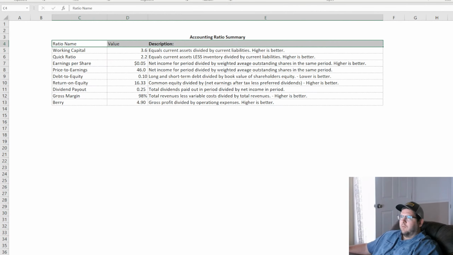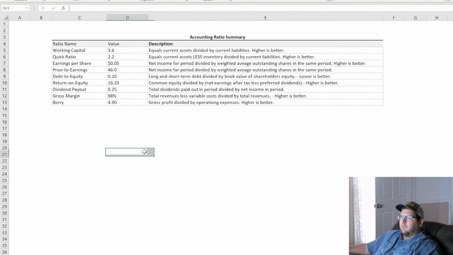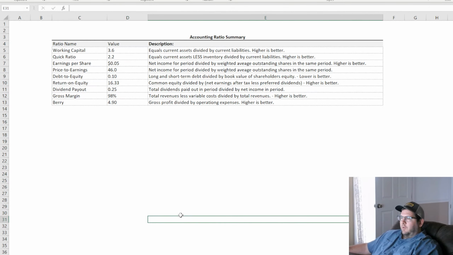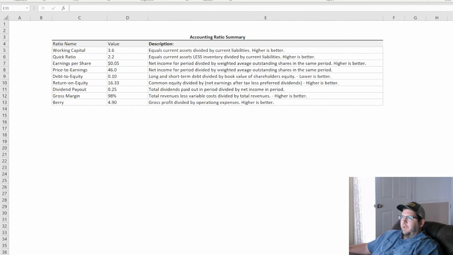Perfect. Cool. Okay, Barry ratio. What else do we got here? We did debt to equity, quick, current, gross margin. Okay, they didn't have any extra ones.